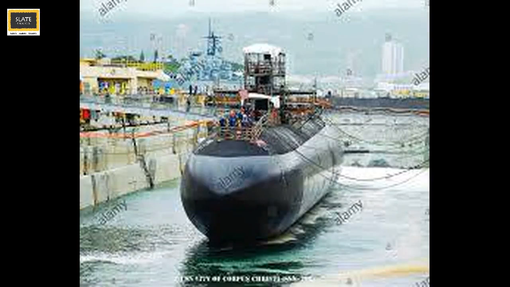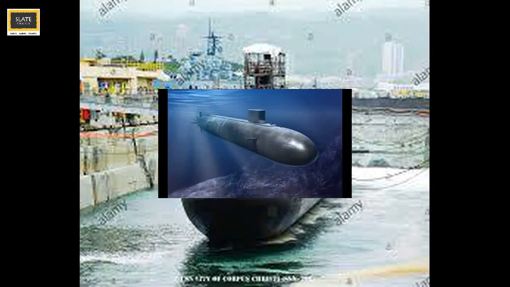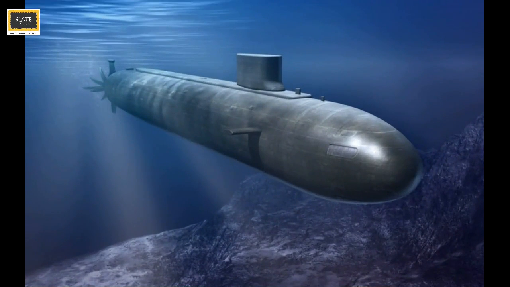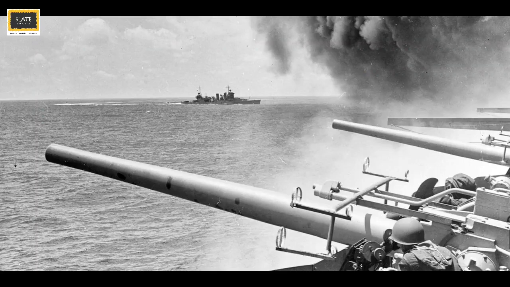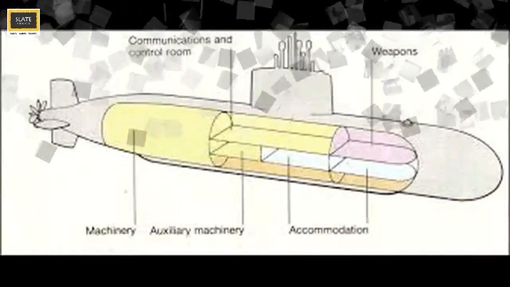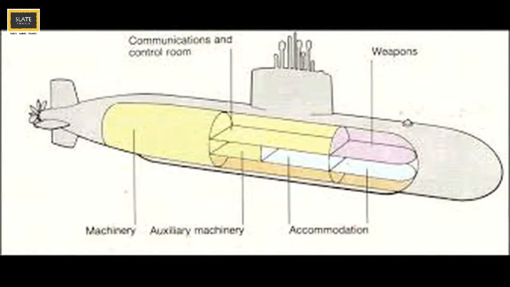You all must have heard about the special type of ship called the submarine. A submarine can travel underwater and on the surface of the water too. Submarines are generally used by ocean explorers and as warships. Submarines are cylindrical in shape with narrow ends.